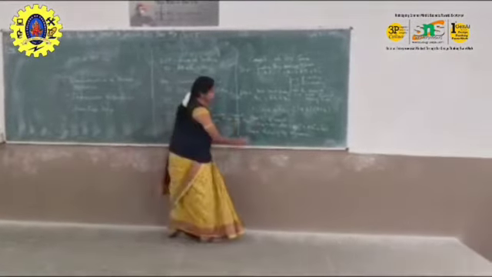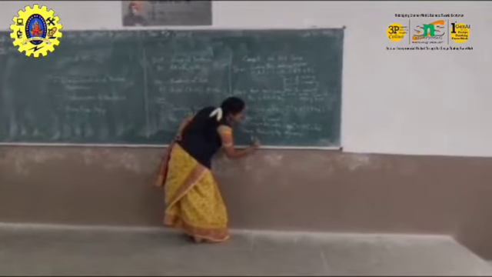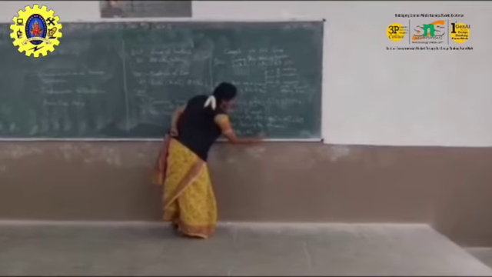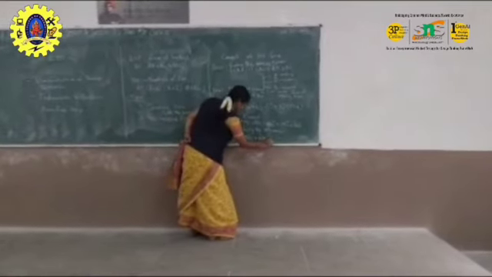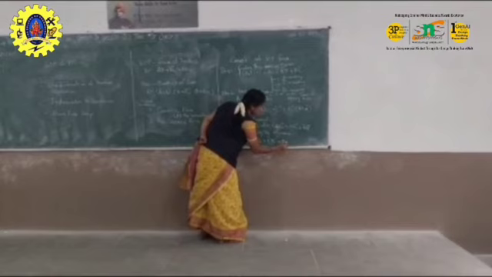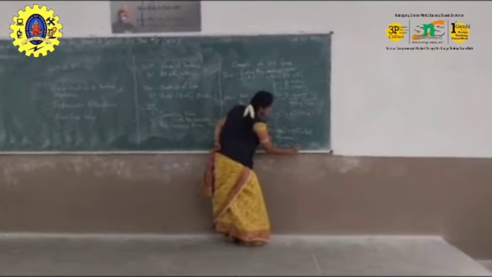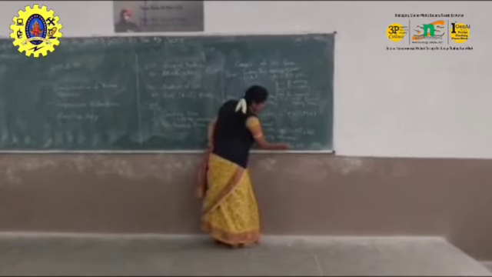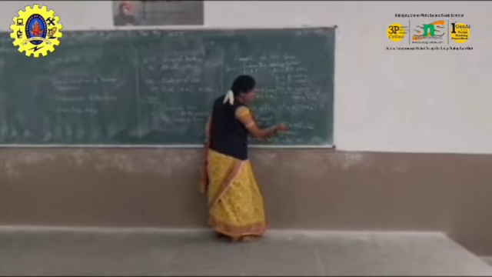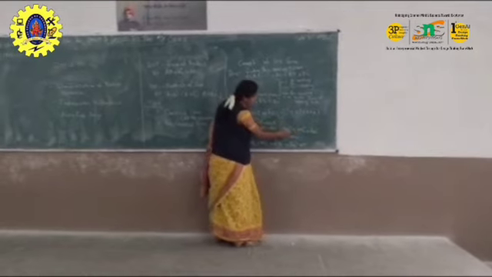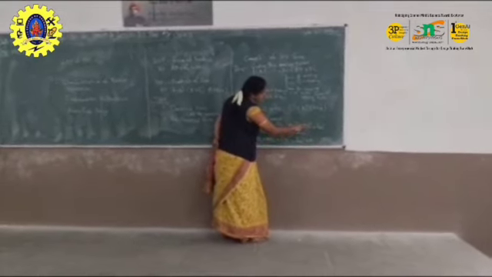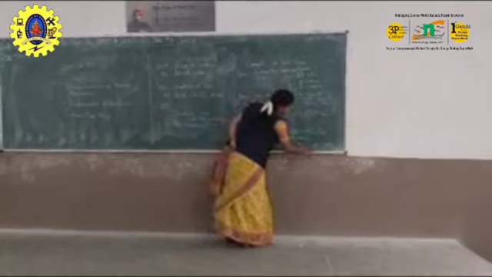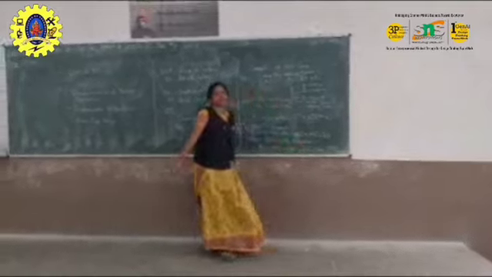So the answer is A B C plus A B bar C plus A bar B C plus A B C bar plus A bar B C bar. This is the final answer.